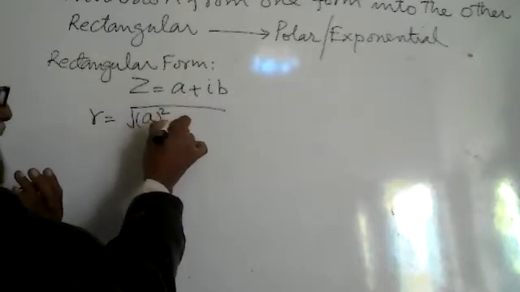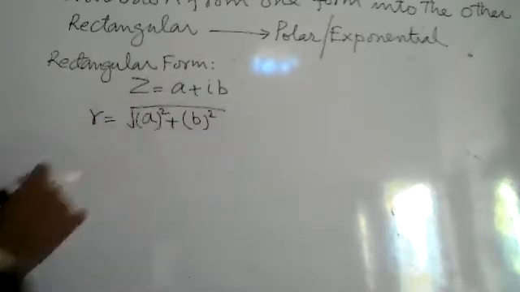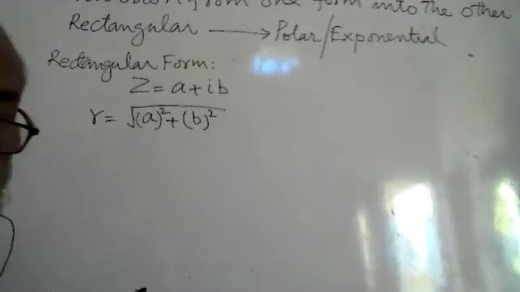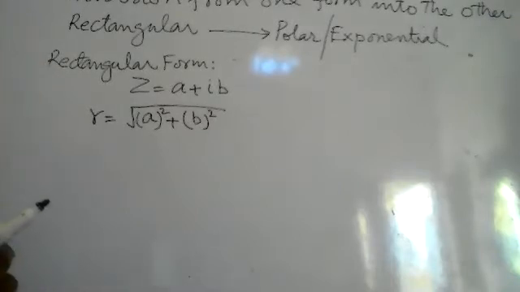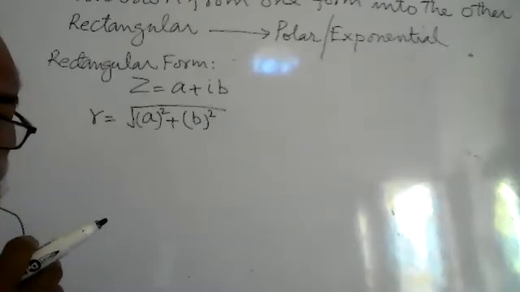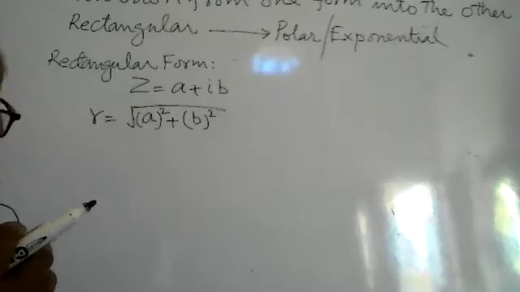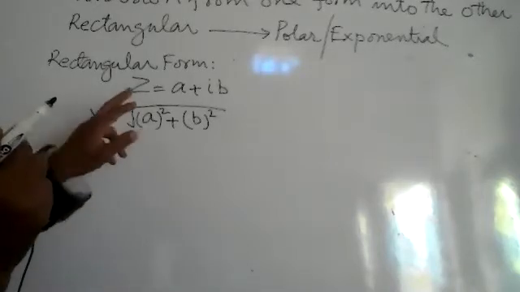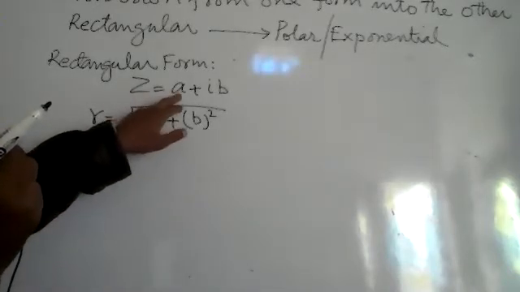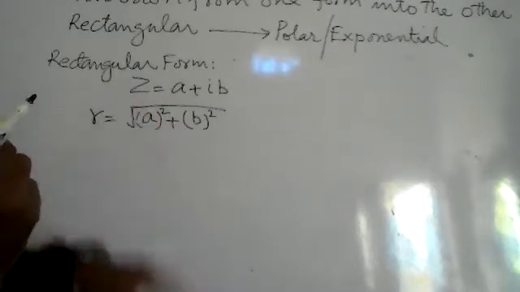The square of the real part plus the square of the imaginary part, not iota. The square of a plus the square of b, without iota. Remember, without iota. Don't write iota b whole square. The real part may be positive, it may be negative; you take the square, and a square is always positive.